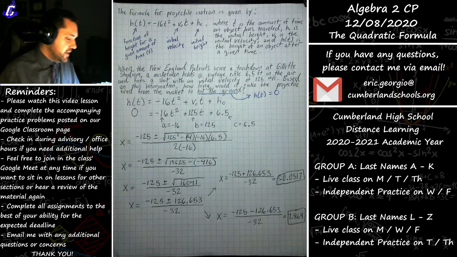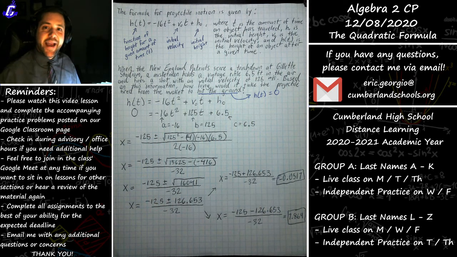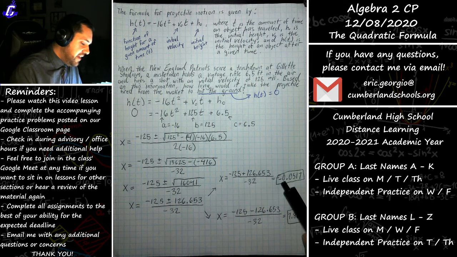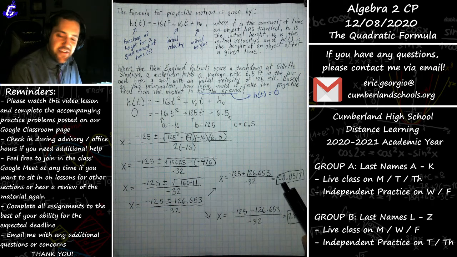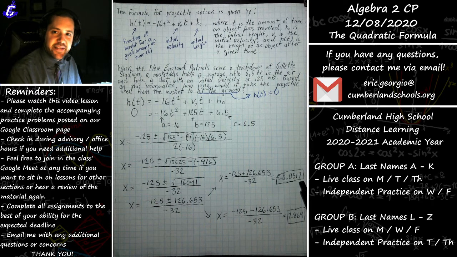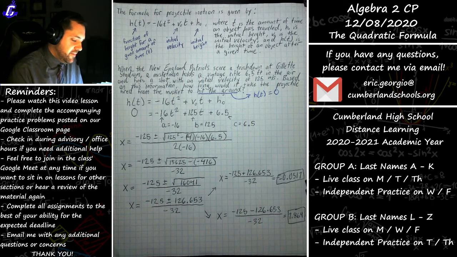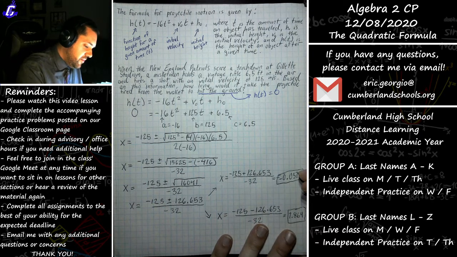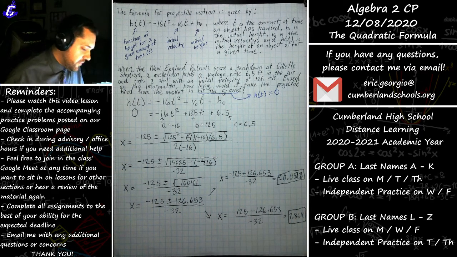But regardless, if this is the amount of time it takes for the object to hit the ground, we would say, well, is it going to hit the ground after negative 0.0517 seconds? That doesn't make any sense, right? Do you see how this wouldn't really make any sense at all? Actually, I guess this should be 0.052, right, if we're going to round.